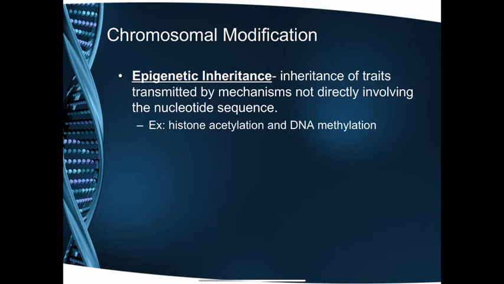And so epigenetics is interesting because we see traits that are transmitted by things that are not directly involved in the nucleotide sequence. Okay? So, for example, twins are a big part of how we study epigenetics. Twins have the exact same set of DNA.